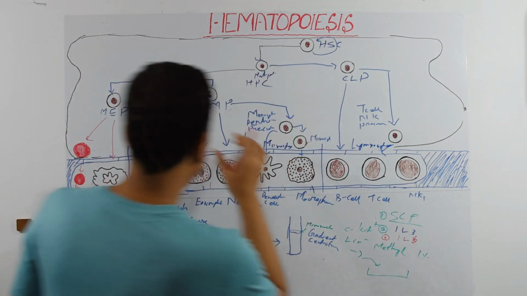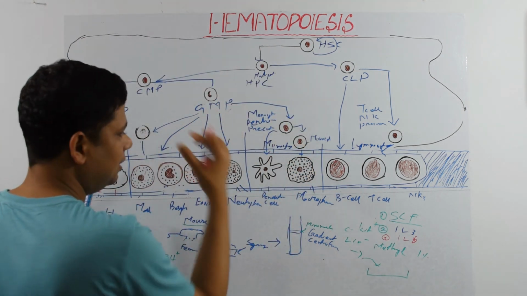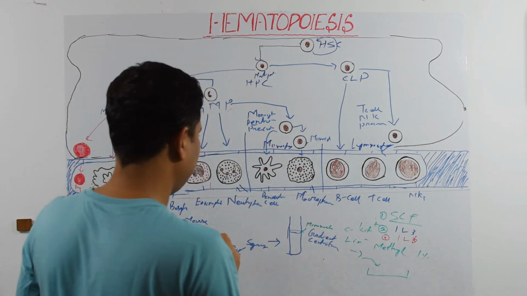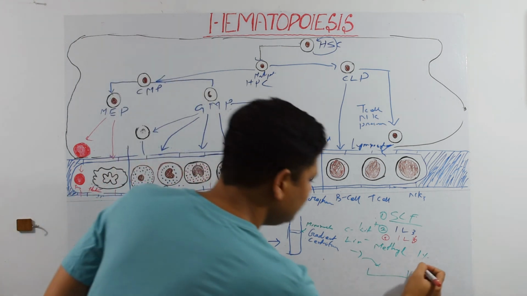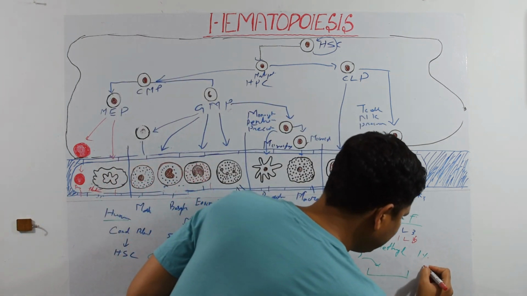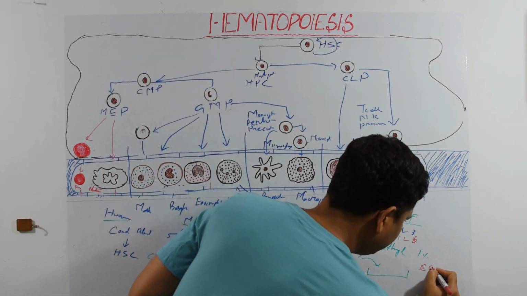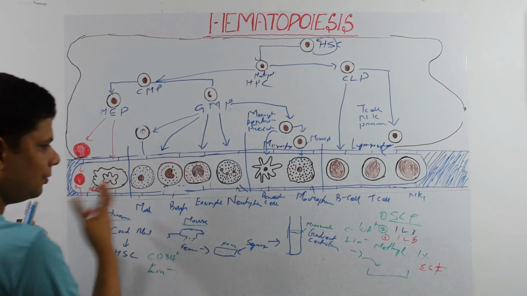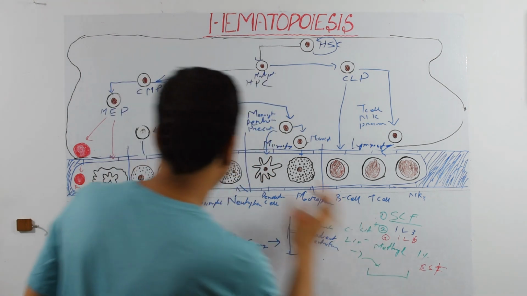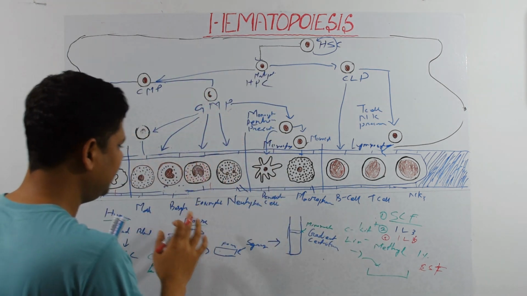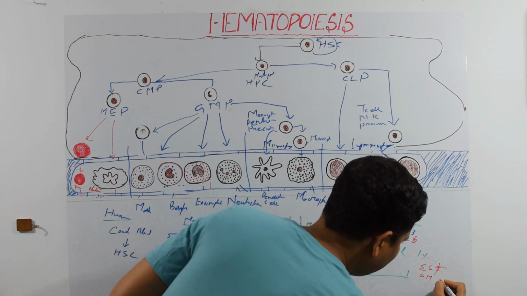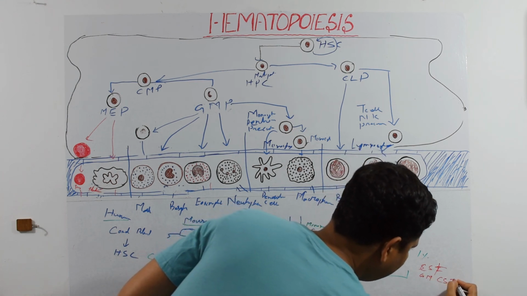Like if we need to produce colonies which have granulocyte macrophage cells, we need to supplement with colony stimulating factors. Like in erythroid, we need to provide erythropoietin. Like in GMP, we need to provide granulocyte macrophage colony stimulating factor.